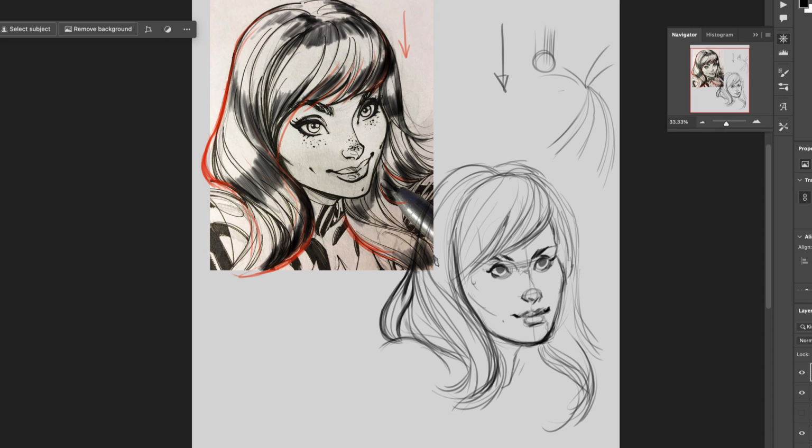J. Scott Campbell is really one of my favorite artists because he has a bit of a mix between, of course, comic book style illustration, but also I think he appreciates classic commercial illustration, like people like Robert McGinnis or Steve Holley.